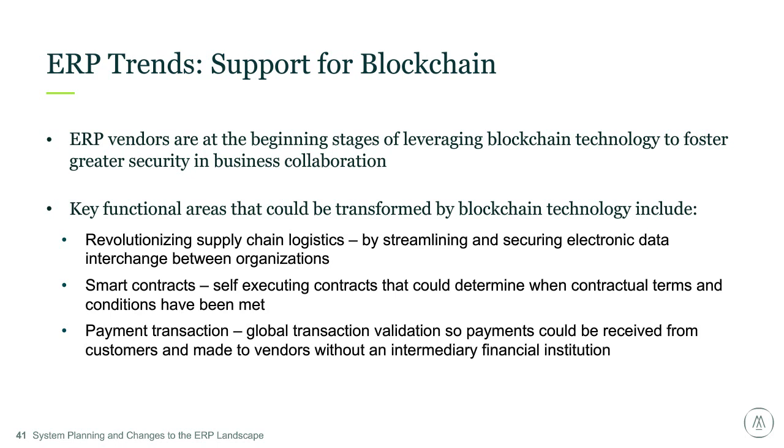If you think about supply chain logistics, by applying blockchain technology, you can streamline and secure electronic data interchange between organizations. So today, ERP vendors each have their own separate ways of validating movement of goods through the supply chain, from ordering to shipping to tracking individual parts, all the way through invoicing.